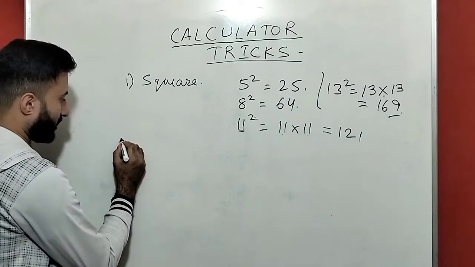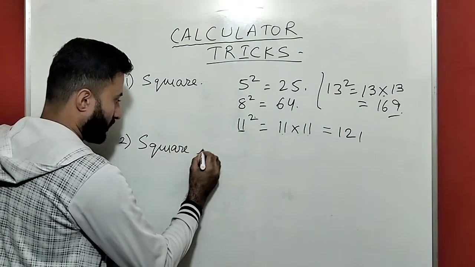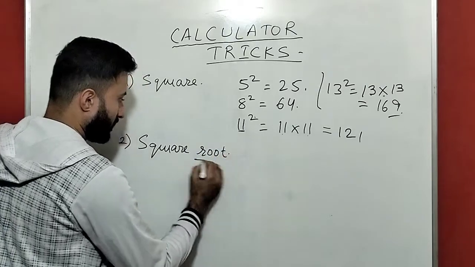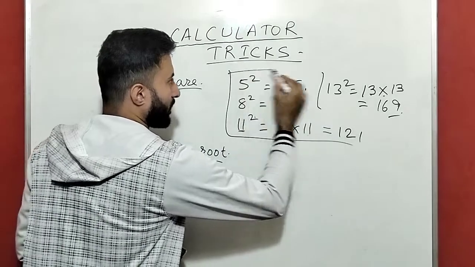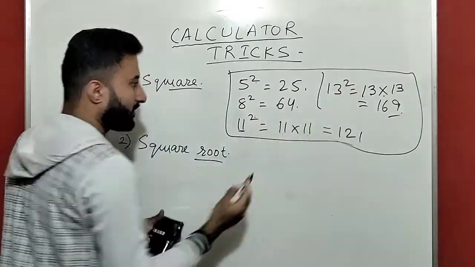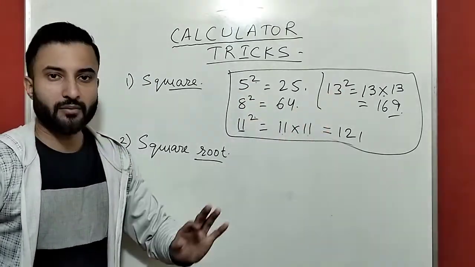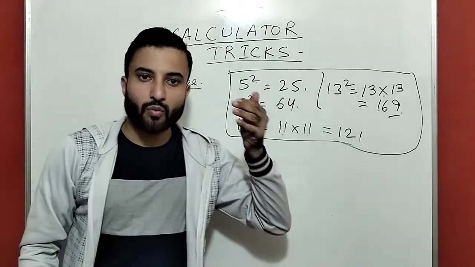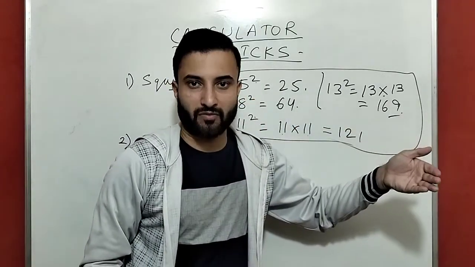With the square, the second thing we will do is square root. First, square means the power is 2. Whose power is 2, that is the square. Whatever the power is, you multiply that many times.